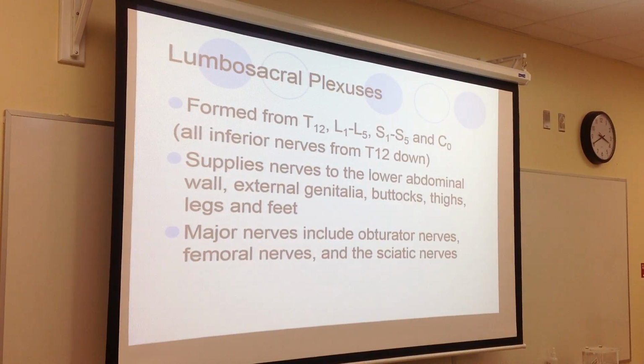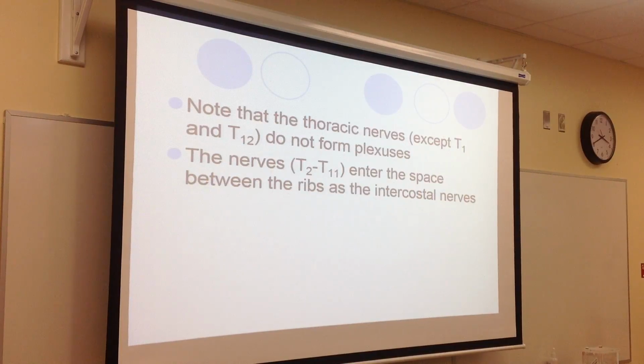So you should now be fairly well keyed into the spinal cord. Now, here's another thing to keep in mind. Which nerves are not involved in plexus formation? T2 to T11.